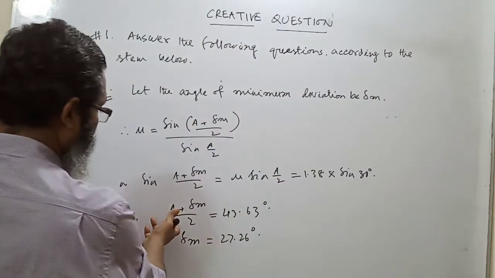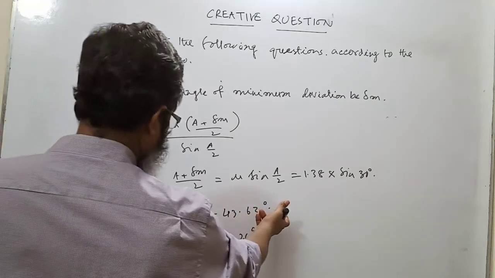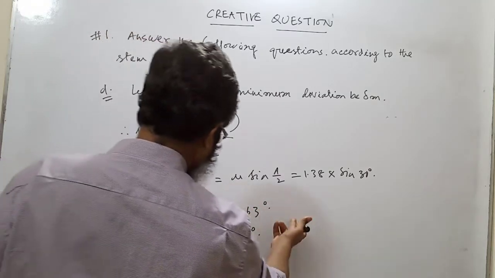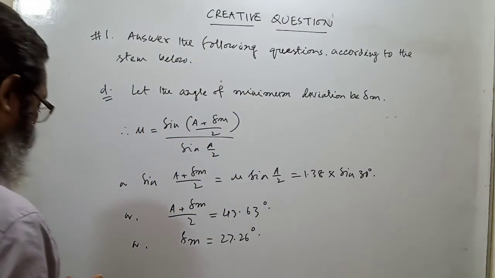If we multiply this by 2 and take A to the other side, then putting the value of A, we can get the value of delta m, that is 27.26 degree.